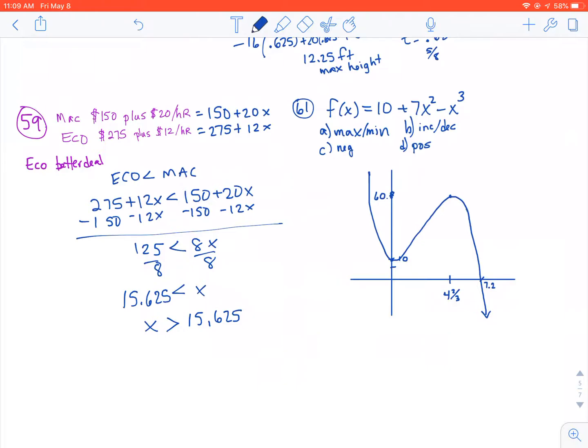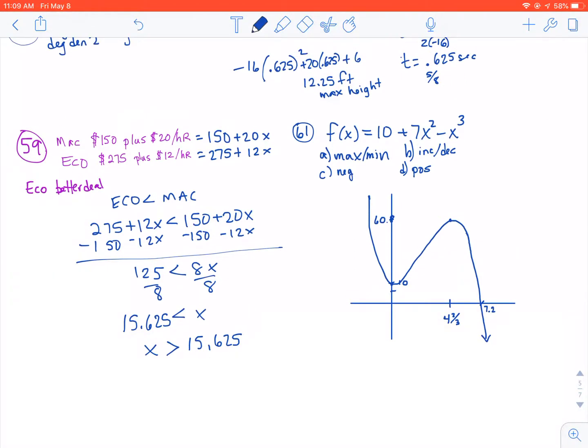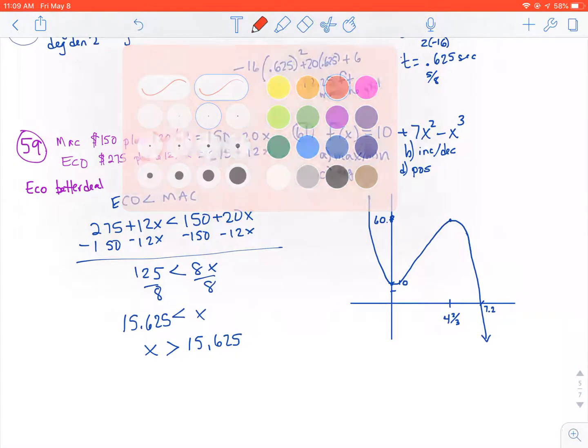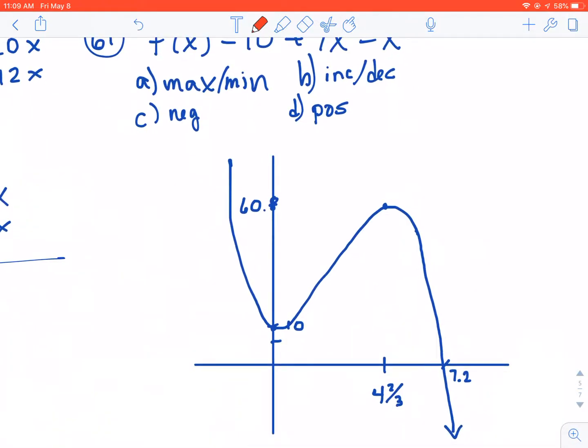Okay, so 61, I think this is almost the last one. So I'm going to change colors because I was using that to draw this one. So I graphed it, and I had to change my window so I would get everything in. Okay, so here's my minimum here, and I did, on my calculator, second calc, and I did maximum and minimum to find this.